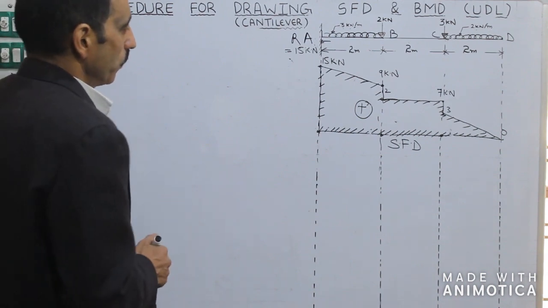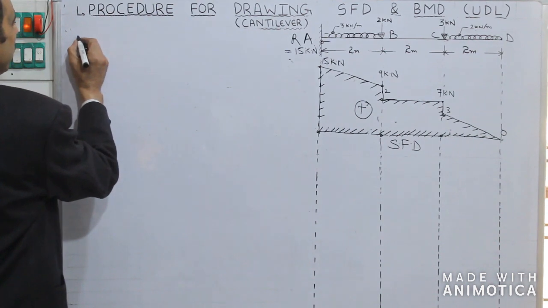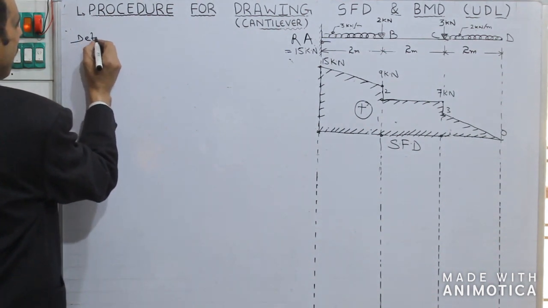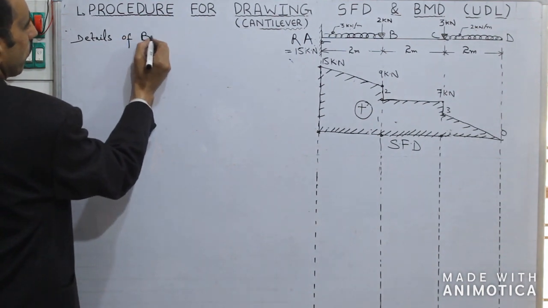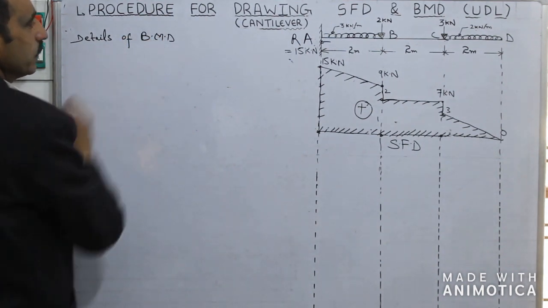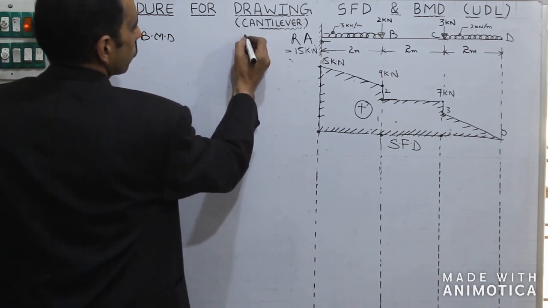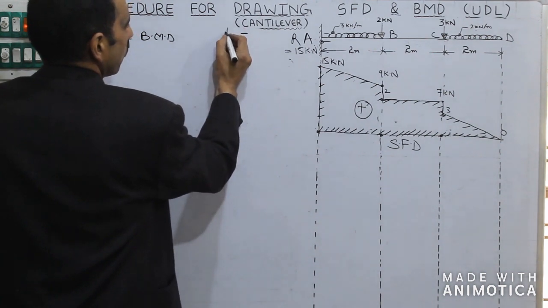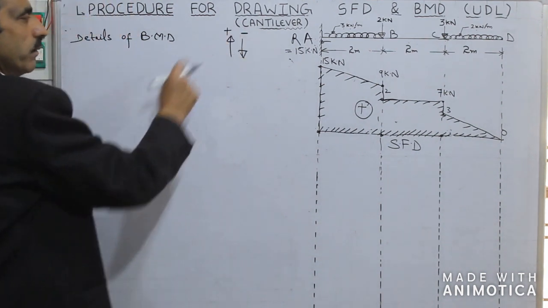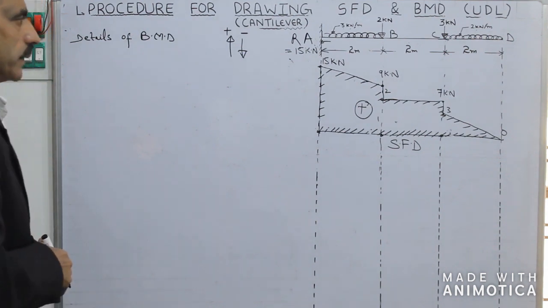How will we draw the bending moment diagram? Before that, first I will write the details of the bending moment diagram. As we know the sign conventions, we have done it previously also: downward we take negative, upward we take positive; one is clockwise, another is anti-clockwise.